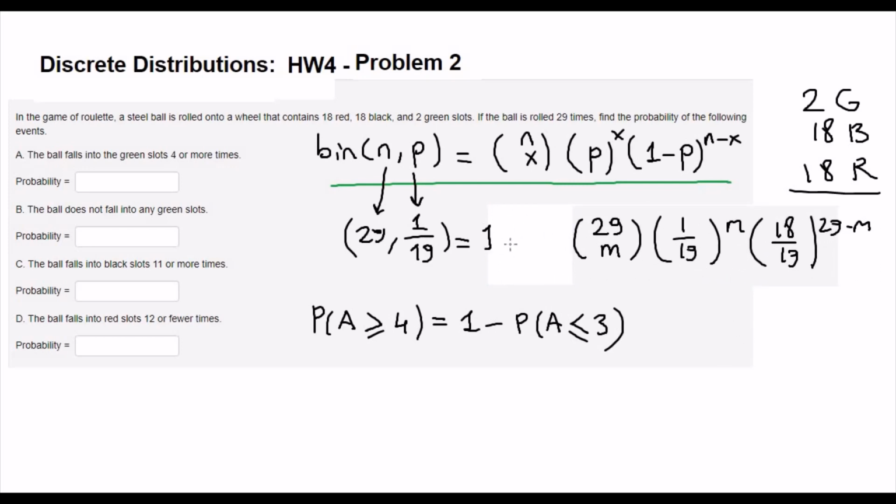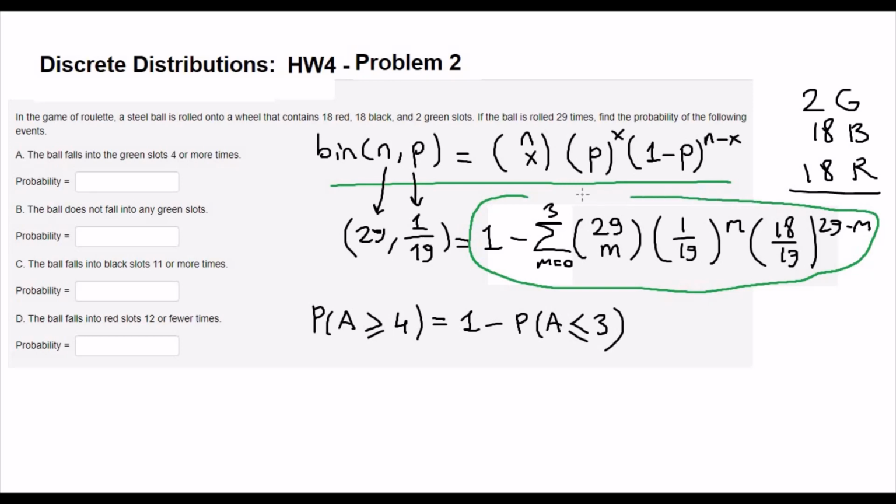So it's going to be 1 minus the sum from M equals 0 to 3. So we are calculating from the complement part, which is easier, unless you would like to count from 4, 5, 6 up to 29, which is a longer way to count. So 1 minus 0 to 3 is easier.